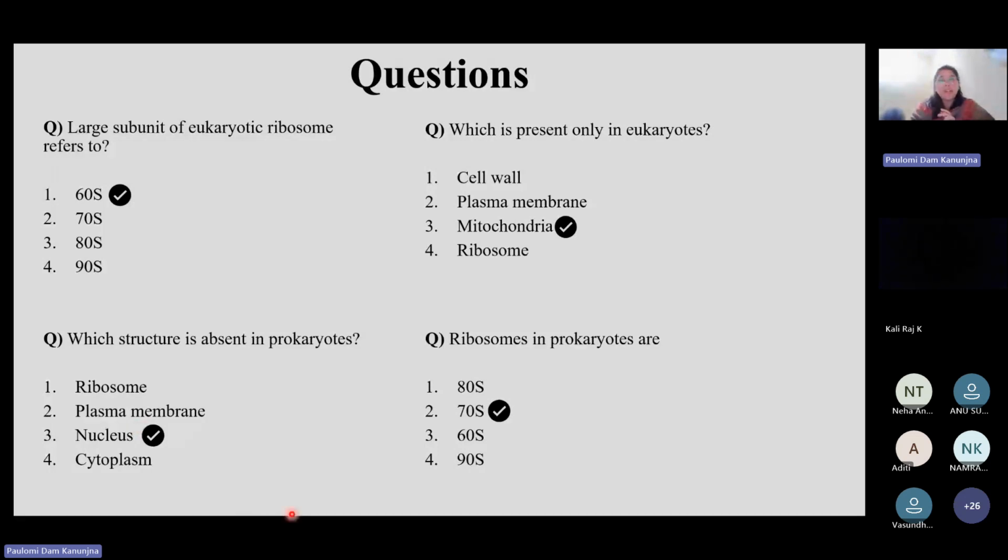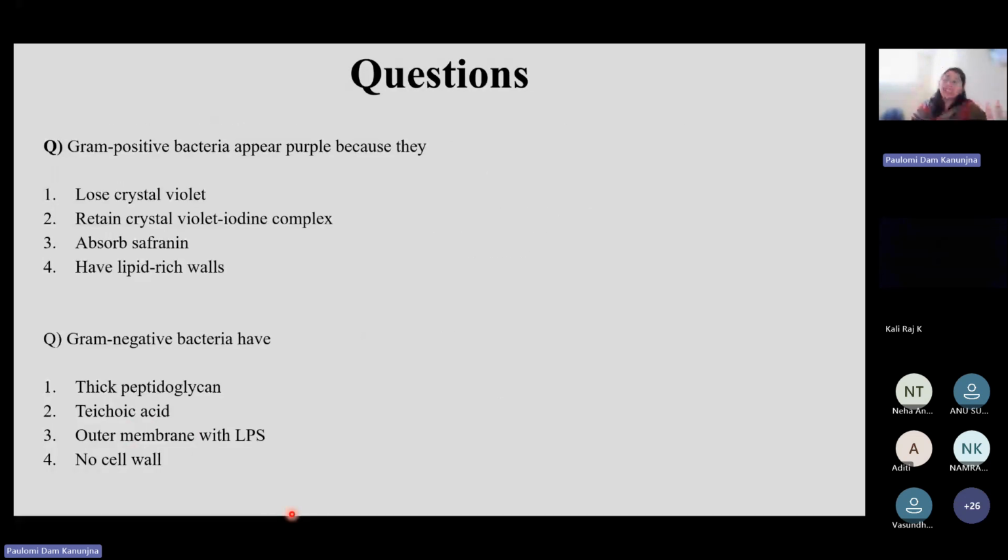Now, a very important and interesting topic, which is related to the cell walls and the plasma membrane of bacteria. But before I explain that, I'll let you have a try at it. We have two kinds of bacteria: gram-positive bacteria and gram-negative bacteria. These are prokaryotes. What is the basic difference between them?